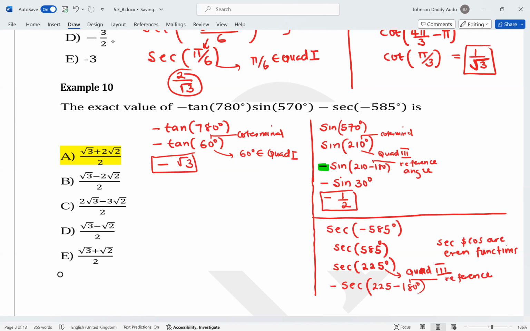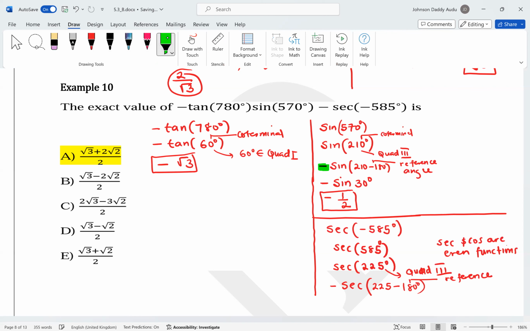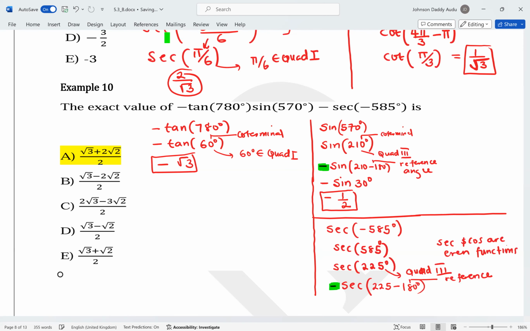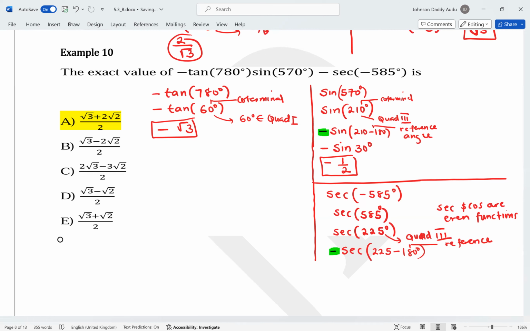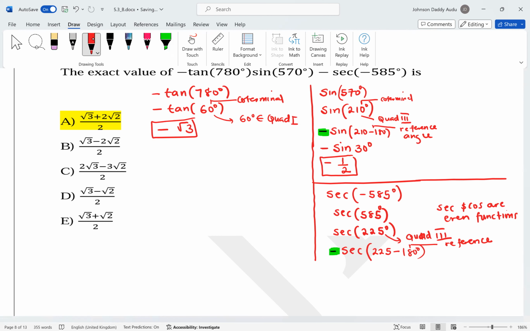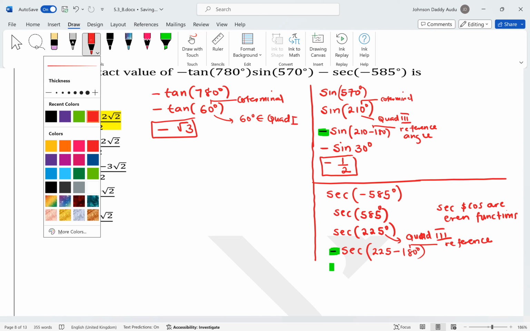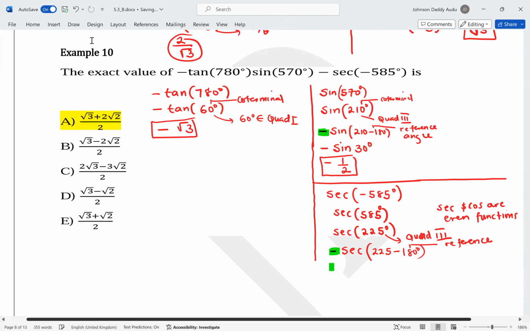Just as we mentioned the other time, this is very important here. This negative has to come out. If we don't have this negative, then it will be wrong, right? So now we can finish it up.